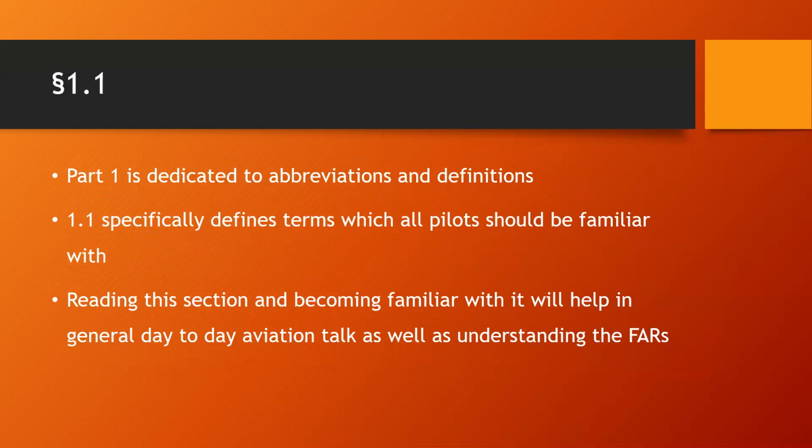All right, Part 1, 1.1. Part 1 is dedicated to abbreviations and definitions. So if you go to Title 14, Section 1.1, and you look at what it says, it's going to be all about definitions and abbreviations. And you'll see a lot of different things in there.